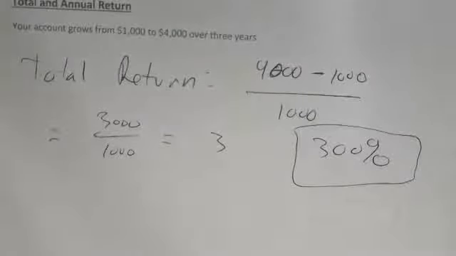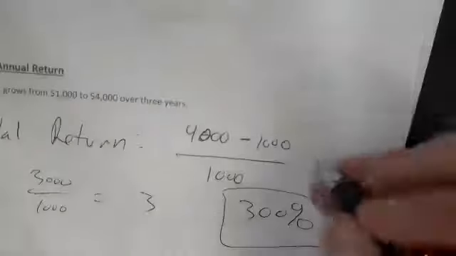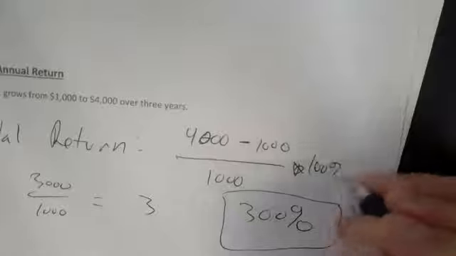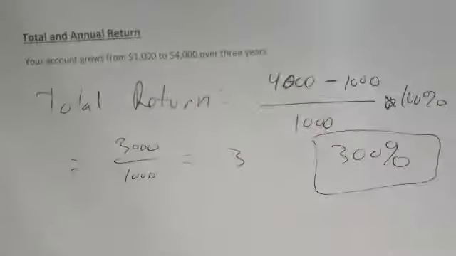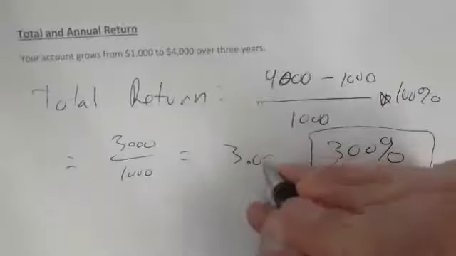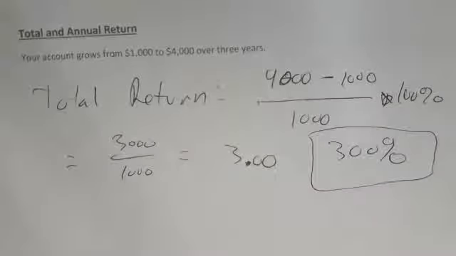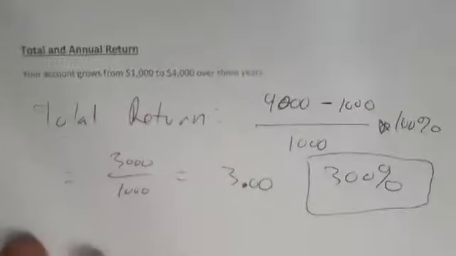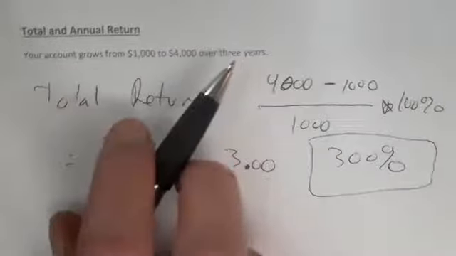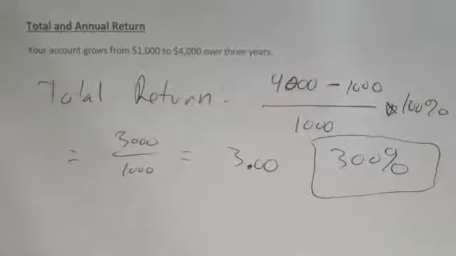And so when we talk about total return, we're talking about a percentage. So I think I might have dropped it, but I have to multiply and convert to percent. Total return, we've done this before. It is the relative difference of the two things, or the relative increase. The annual return. So total return, you might notice I don't care about the number of years. I'm just doing the relative difference of the two.